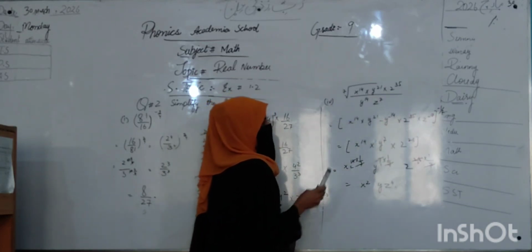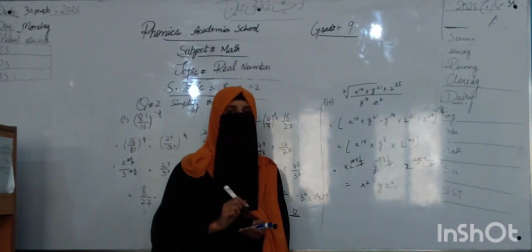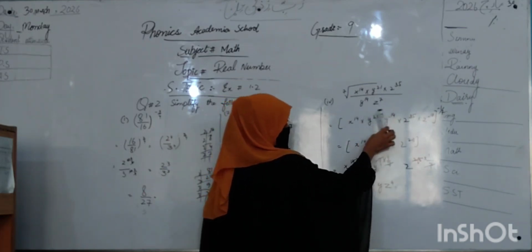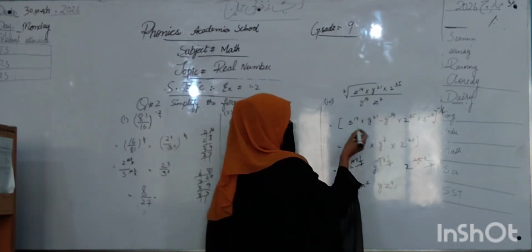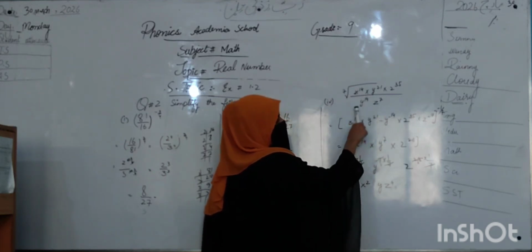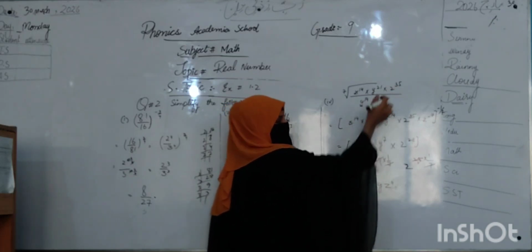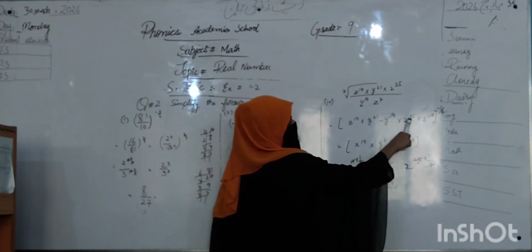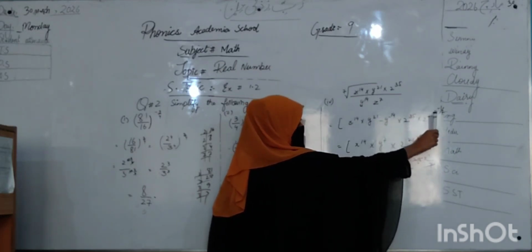When you have moved this square root to a power of minus 1/7, the value is to the power minus 1/7. x to the power 14, multiplied by y to the power 21 minus 14, because you have brought it to the denominator side, so the sign converts into multiplication. Multiply z to the power 35 minus 37.